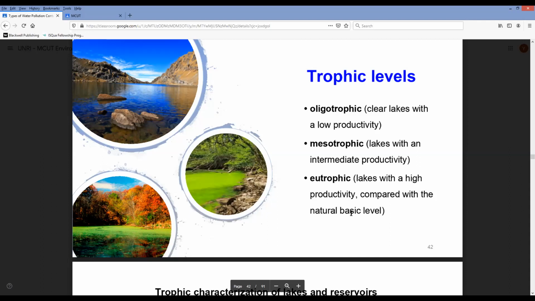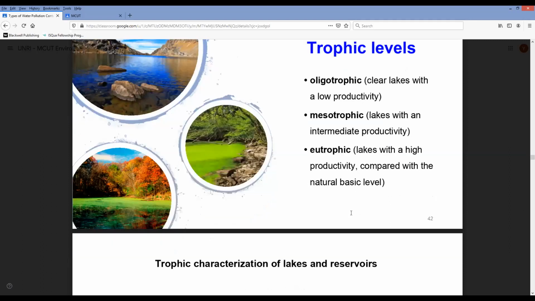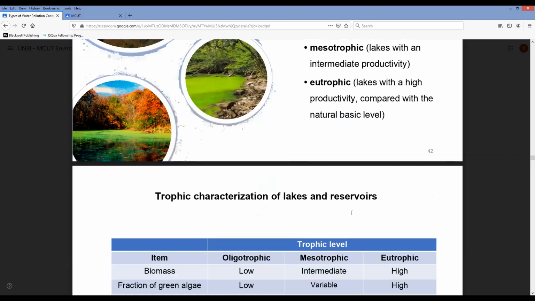And then the other one is called eutrophic. Eutrophic is a lake with high productivity compared to the neutral basic level, which means the lake has become eutrophicated. As you can see from the image, the lake is all green in color. So this is called the eutrophic level. Okay, next please.